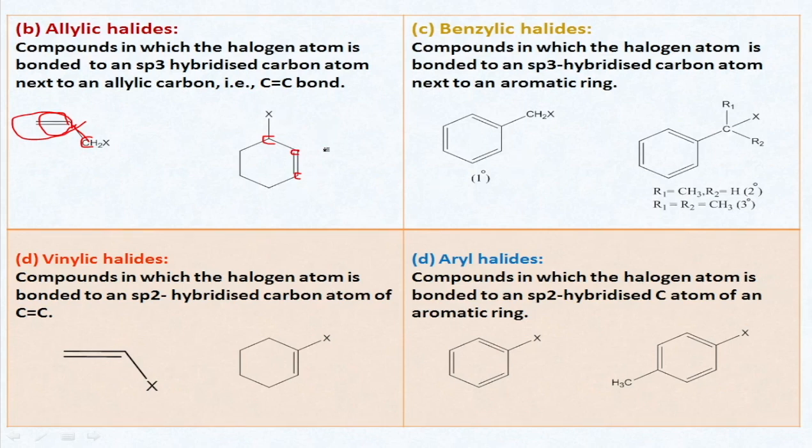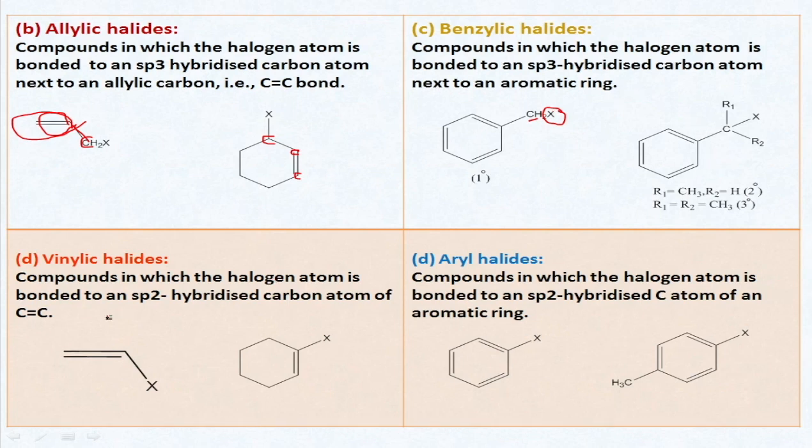Next, benzylic halides. The benzene ring is attached to a CH2 which has a chlorine or other halogen group; that is benzyl chloride.